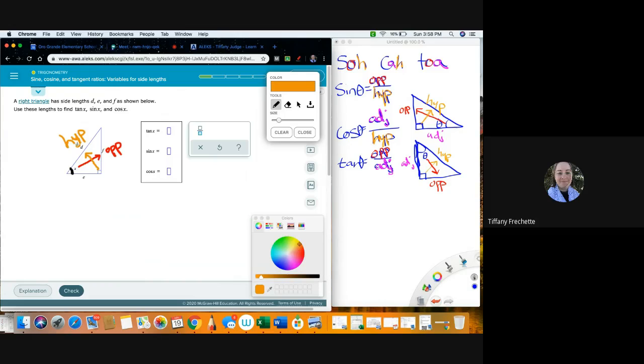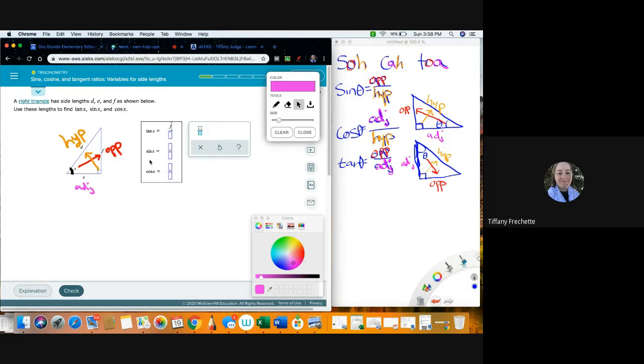So hyp means hypotenuse, op means opposite. ADJ means adjacent. Just a shortened way of writing. And then adjacent has to do with the line connecting the angle and the 90. So we have angle to 90. Here's our adjacent. So now let's fill out our ratios. Okay. So tangent is opposite over adjacent. So opposite is F, adjacent is E.